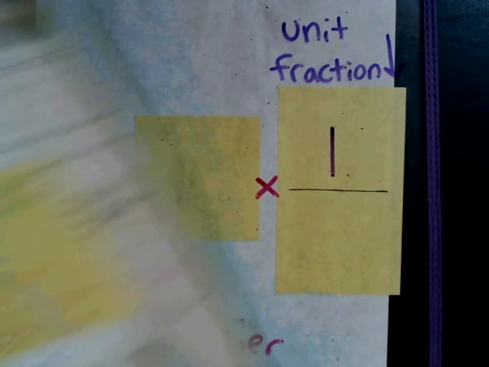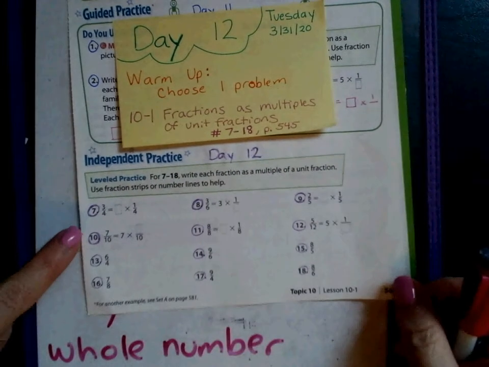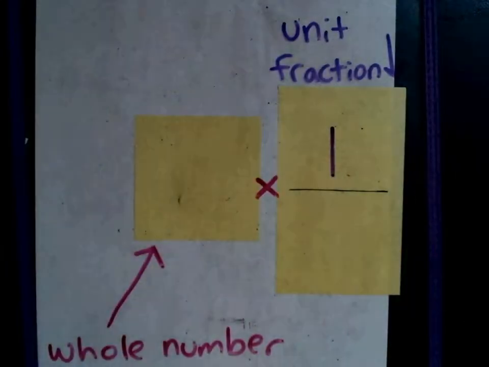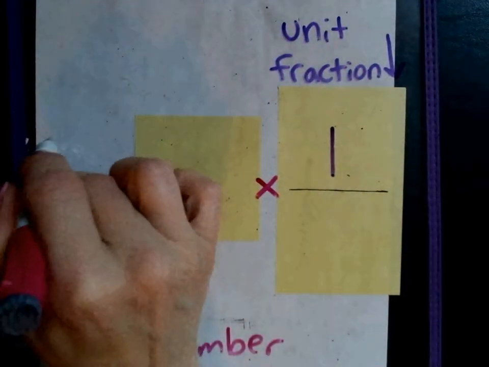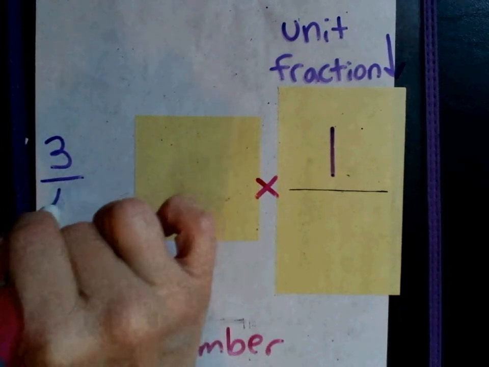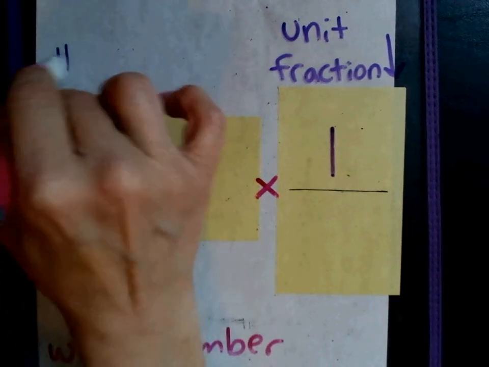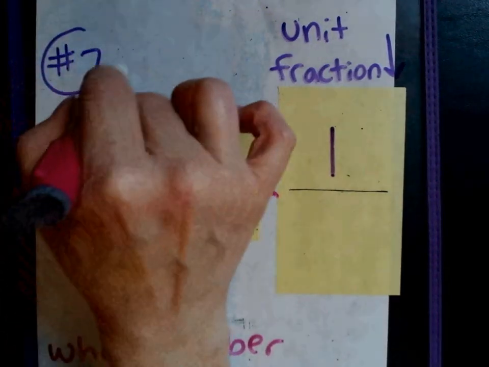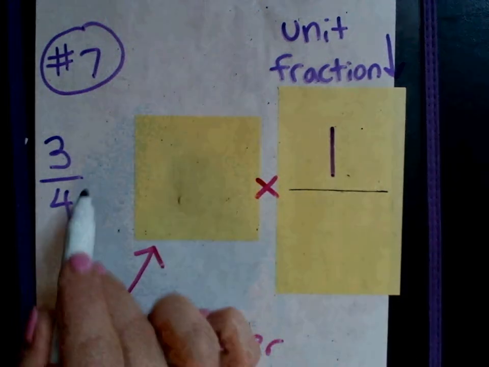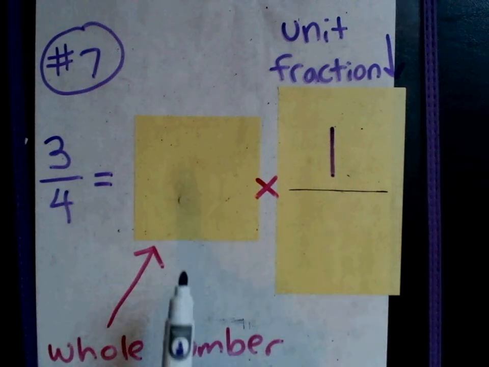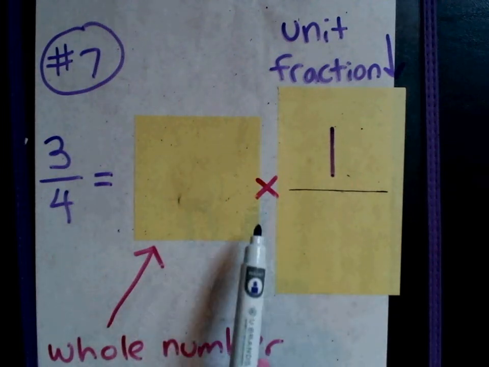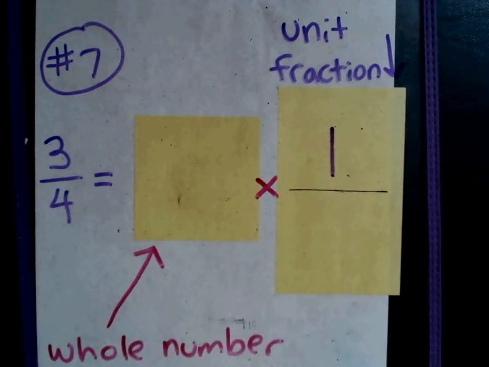So let's take a look at number 7. So I'm just going to do it on my whiteboard here. And you had 3/4. Okay, so this is number 7. So 3/4, I'm going to rewrite that as a multiplication problem, which will be a combination of a whole number multiplied by a unit fraction.